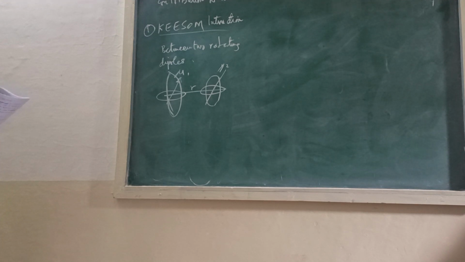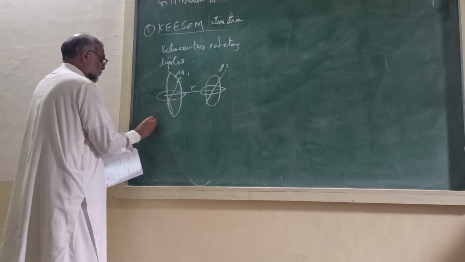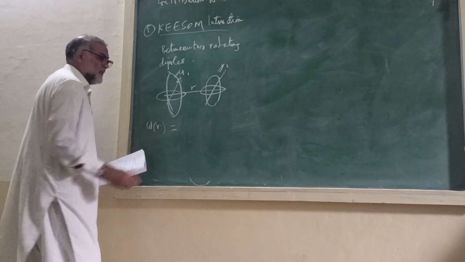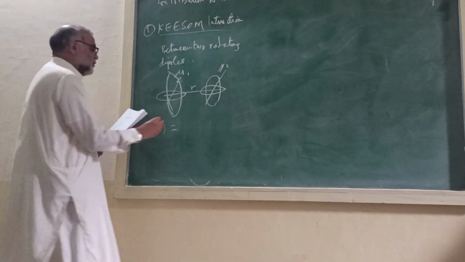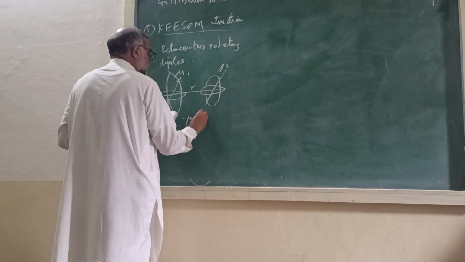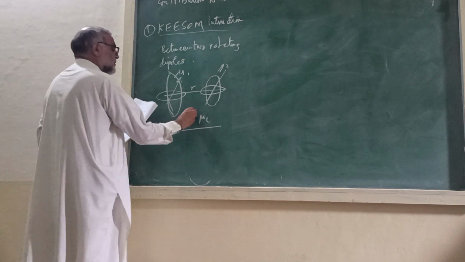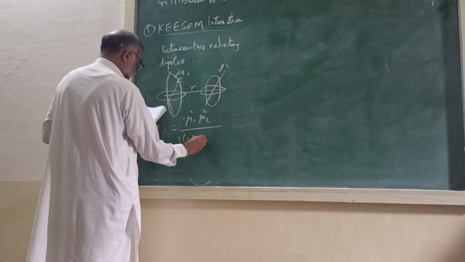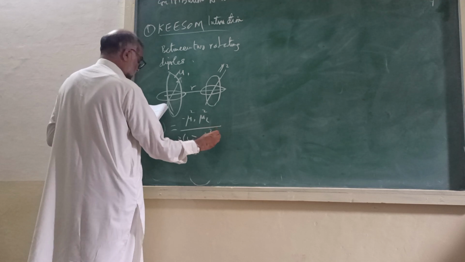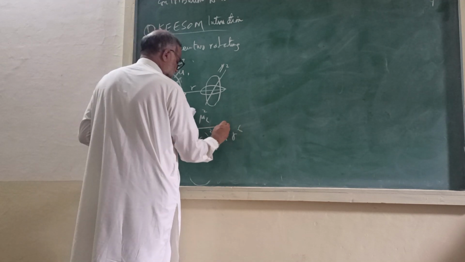They both are allowed. The interaction between two rotating dipoles is minus mu1 square mu2 square over 3 times (4 pi epsilon) whole square kT times R to the power 6.